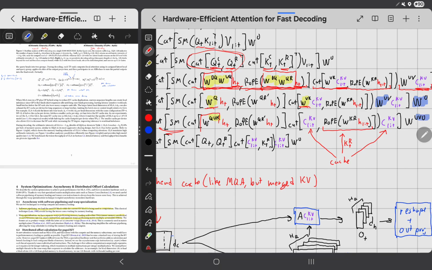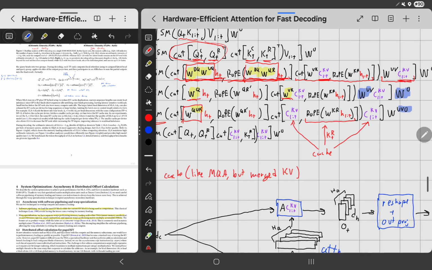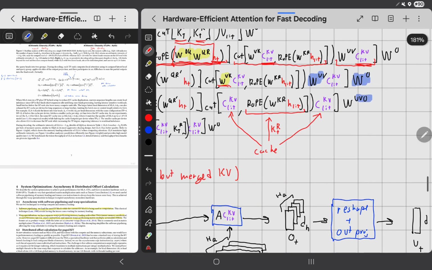And this will be the matrix that we're using during inference. And during inference, you basically store two matrices here. You store this one here, this C1 to T KV, which is basically a tied KV cache. And this rope here, which is essentially the rope vector, this rope cache that we had above.